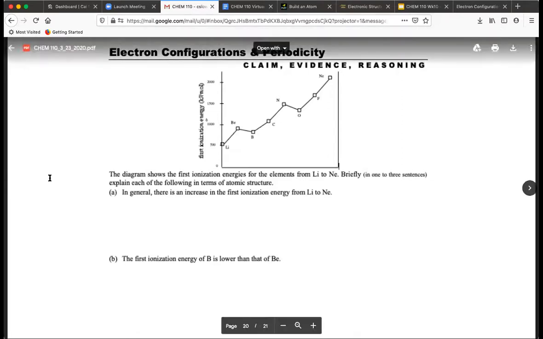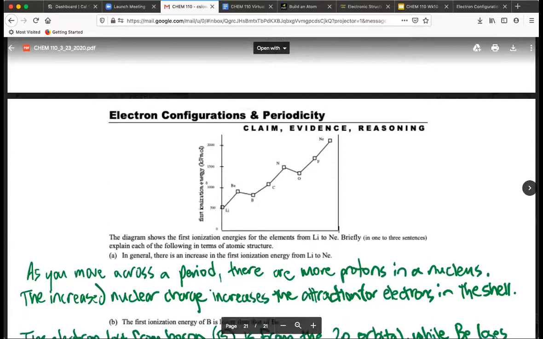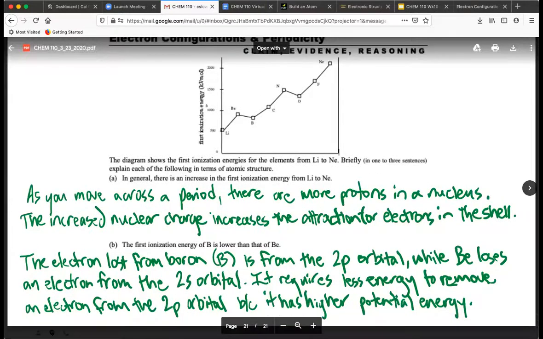So going back to this question of why there is an increase in the ionization energy from lithium to neon, here's what you would say. Something like, as you move across a period, or across a row in the periodic table, there are more protons in the nucleus. That increase in the nuclear charge increases the attraction for the electrons in the shell.